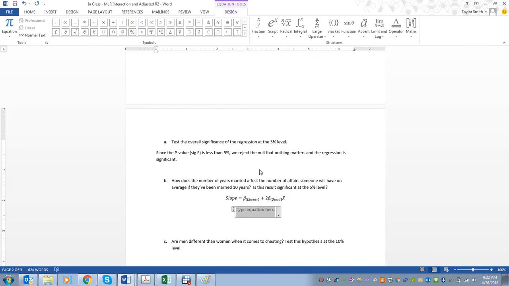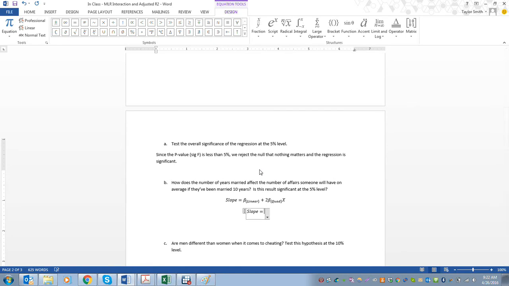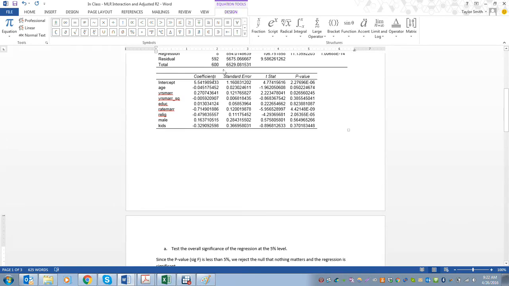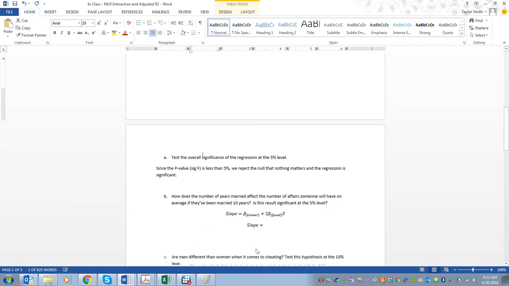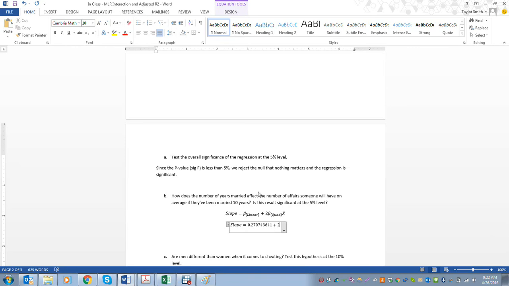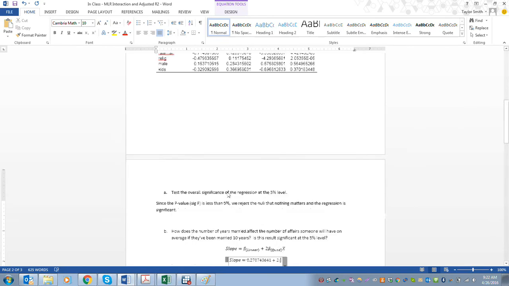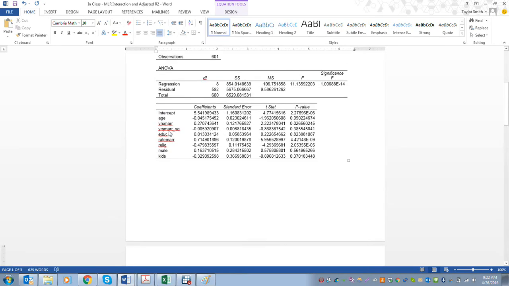And so plugging in this particular case, the slope is equal to beta linear, coming up here to the top, on the years married, that's our linear term. So we'll come down here and plug that in, plus 2 times beta quad, which is the negative one here.